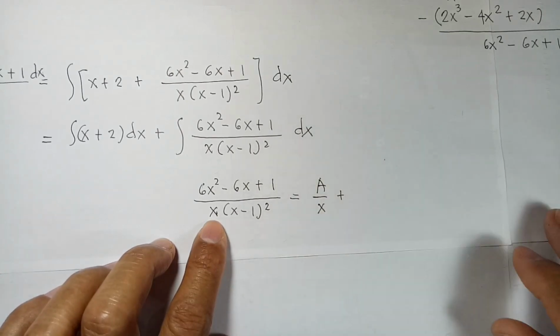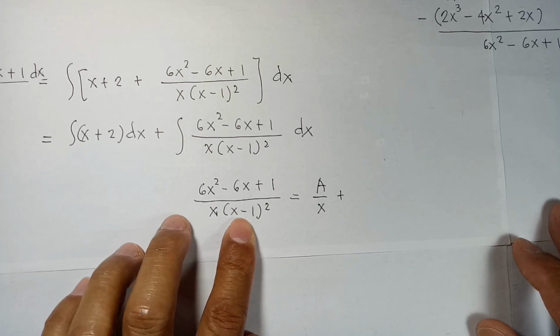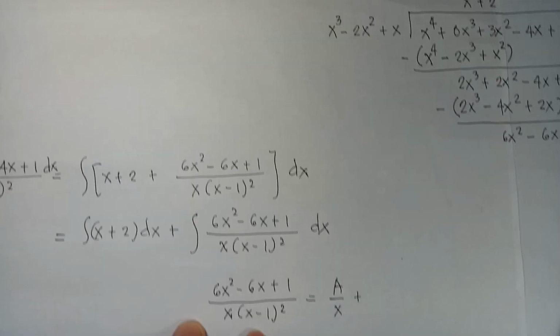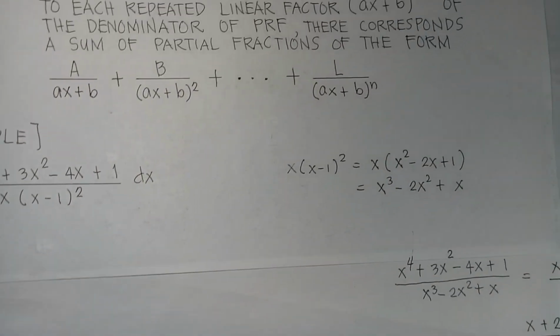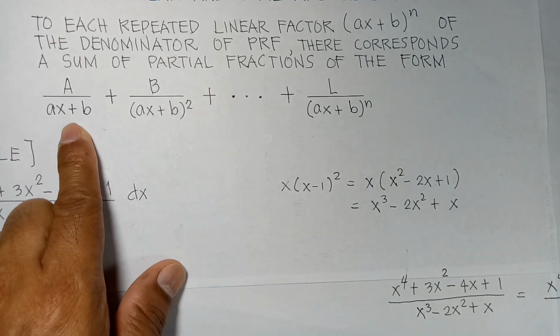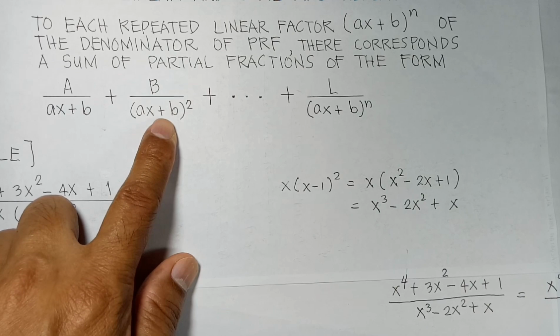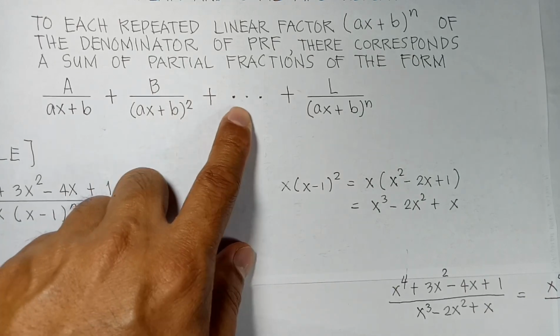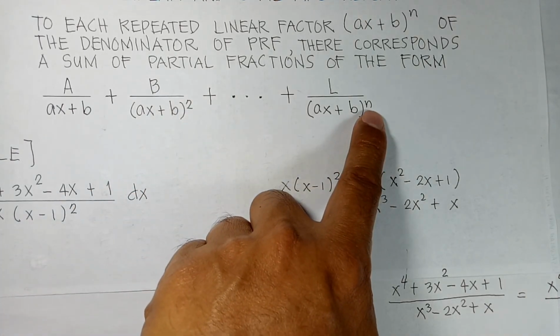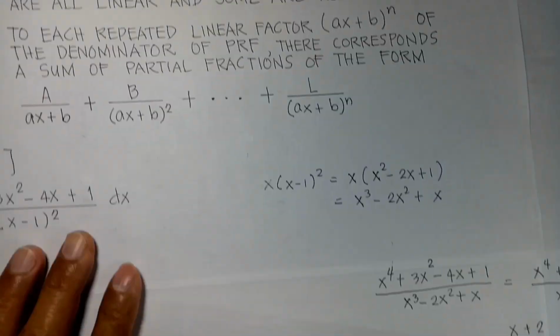And then plus, for a repeated linear factor ax plus b raised to n, there corresponds a sum of partial fractions of this form: A divided by ax plus b, divided by ax plus b squared, until we reach the exponent n.